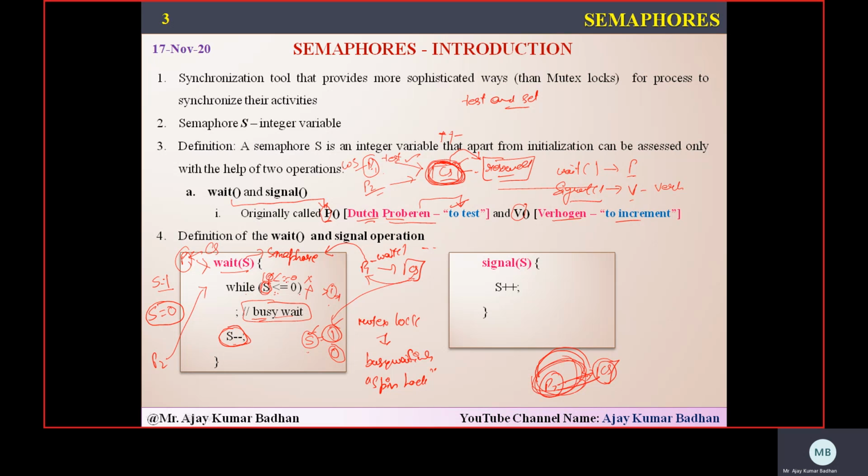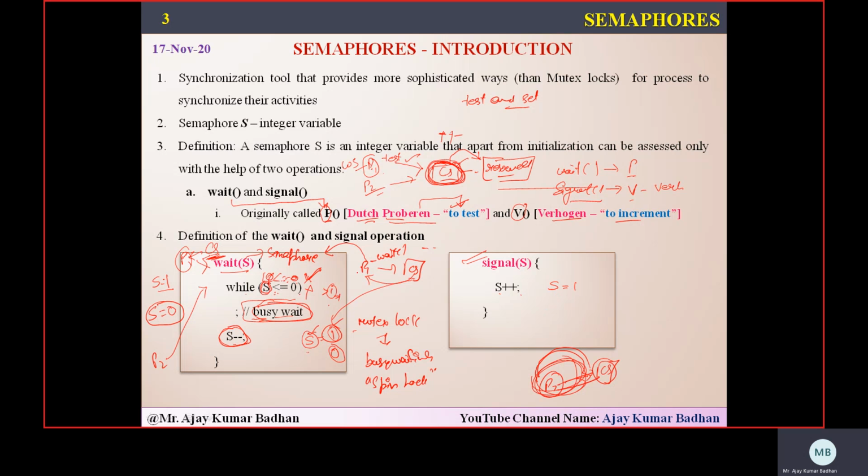So while 0 is less than or equal to 0, the condition is satisfied, meaning the critical section is not available. So P2 will enter into a busy state, until P1 leaves the critical section. Whenever P1 leaves the critical section, he will call signal, so S plus plus.